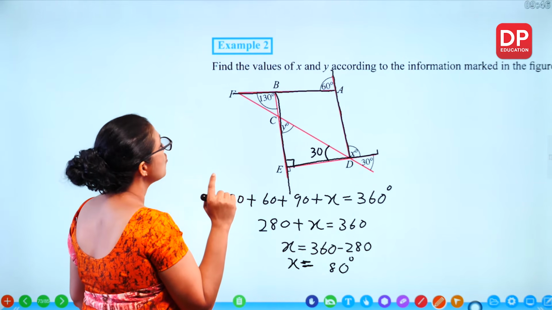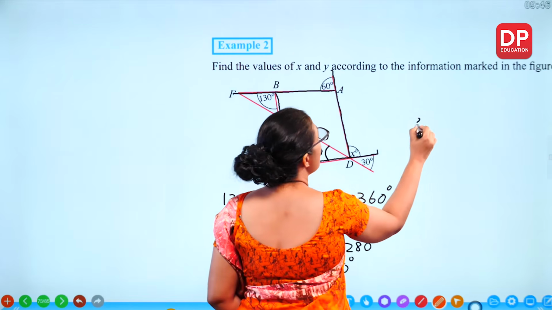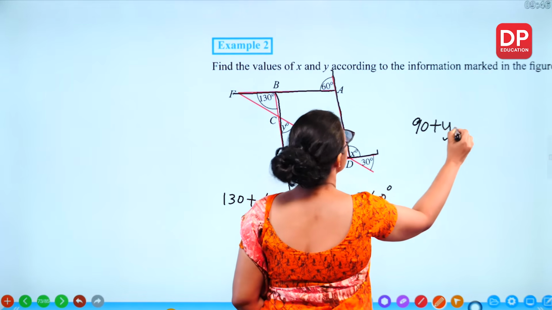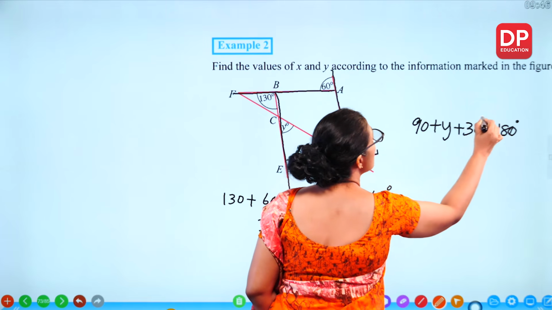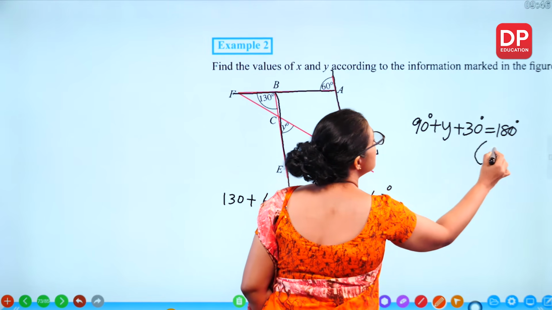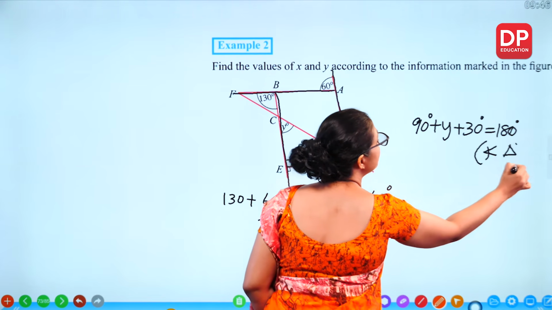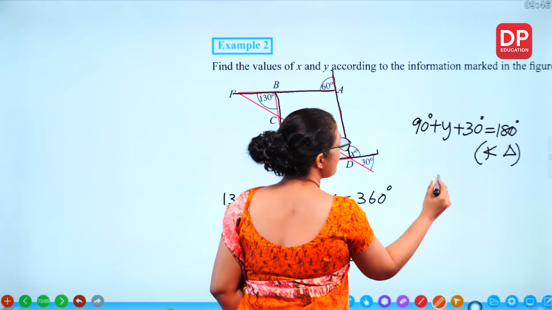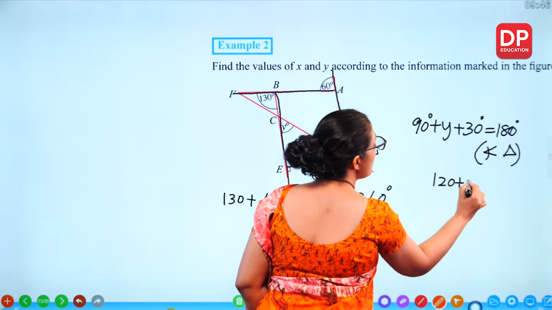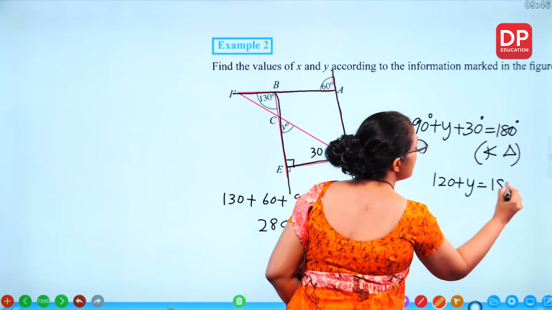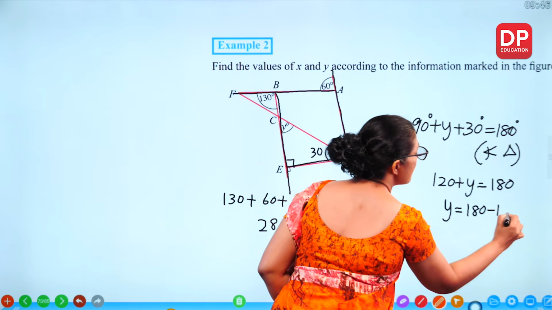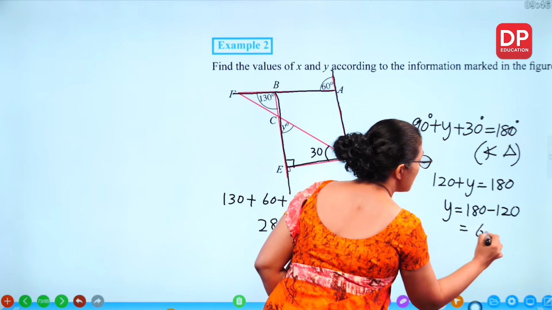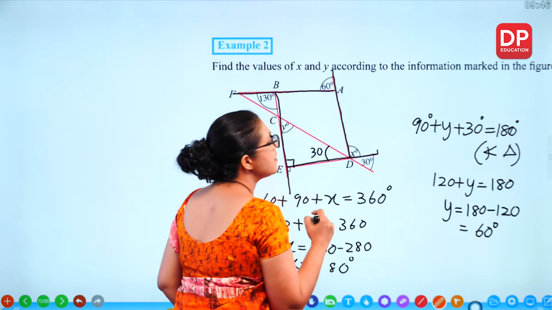Now we can use the triangle. 90 plus y plus 30 equals 180 because of angle sum of a triangle. You get 120 plus y equals 180. So what's y? 180 minus 120, that's 60 degrees.